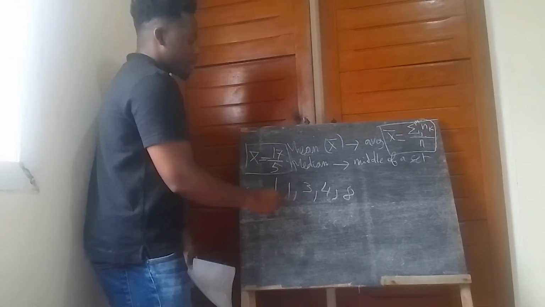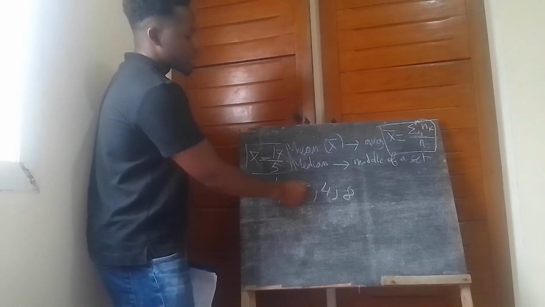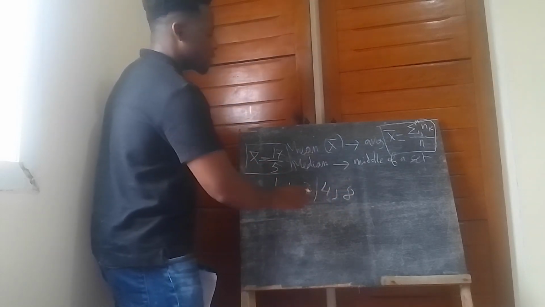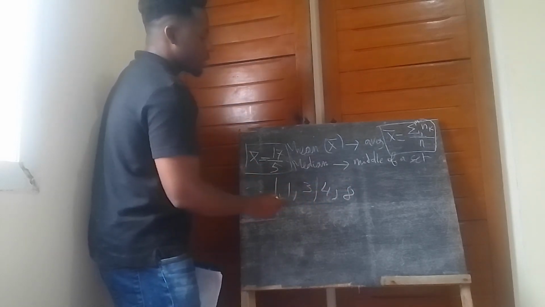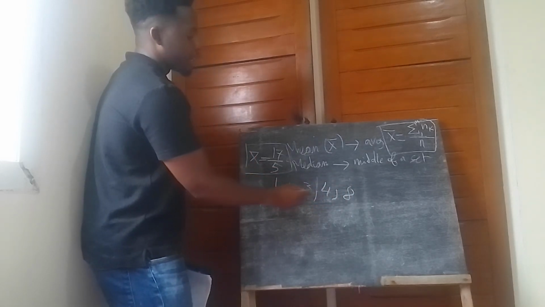Why? Because 3 times 5 equals 15, 4 times 5 equals 20. This is somewhere in between. And if you look at this, it follows the logic. You have 1, 1, 3, 4 and 8. In the middle, maybe you have 3 and 4.